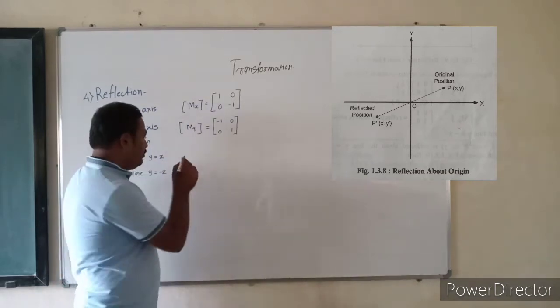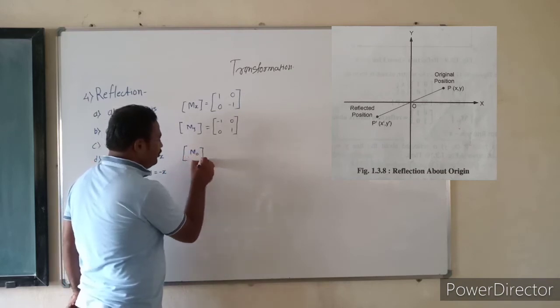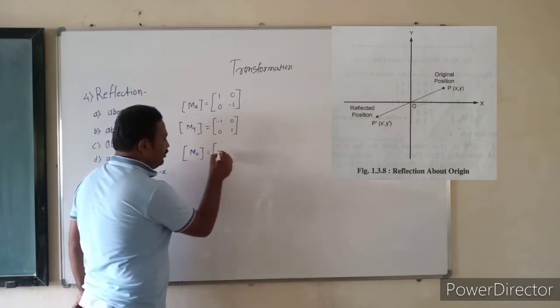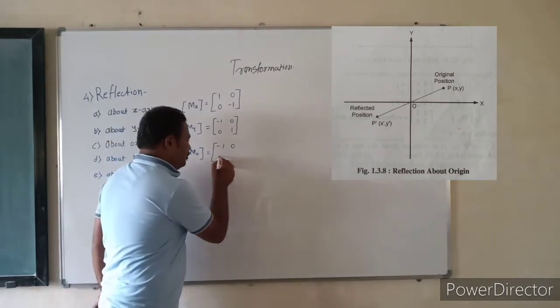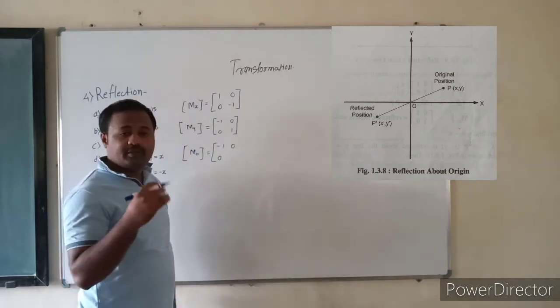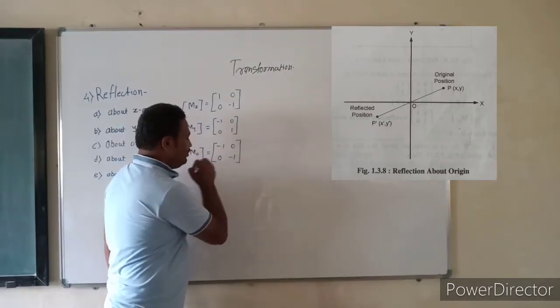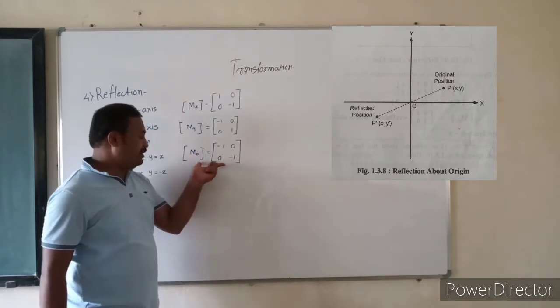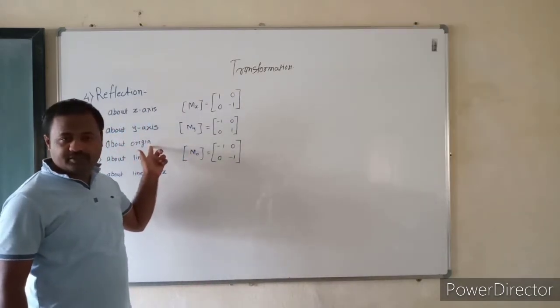Then the reflection matrix MO becomes minus 1, 0, 0, minus 1. It's the transformation matrix for reflection about the origin.